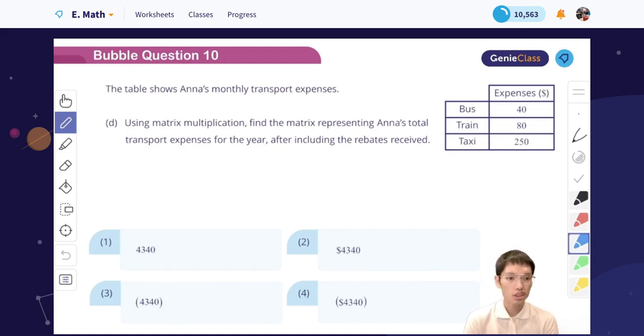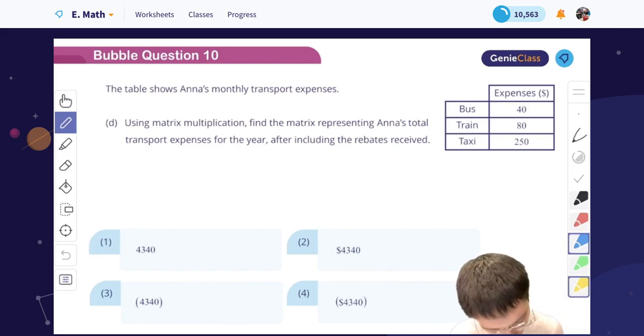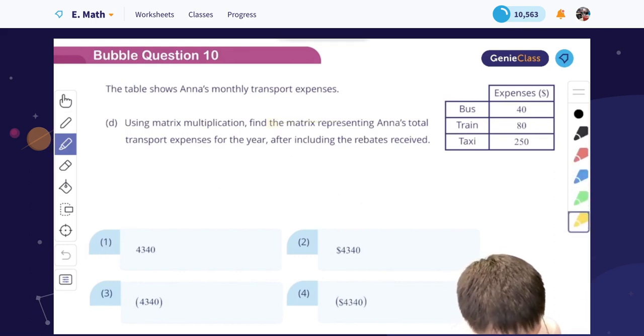This shouldn't actually take 1 minute, but I give you 1 minute for those who want to try the matrix multiplication to make sure that the number you are getting is correct. Take note, I'm looking for the matrix representing. Look at the question.